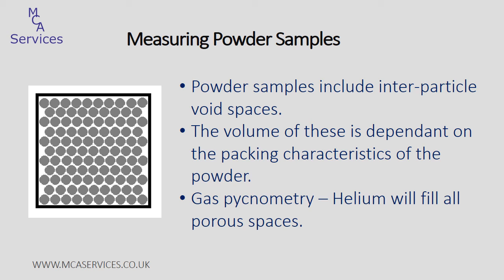This in turn is dependent on the particle size and the particle shape of the powder particles themselves. When measuring absolute density, the analysis gas will fill any of the porous spaces. This will include the interparticulate spaces, but also intraparticulate porosity, so pores within each powder particle themselves.